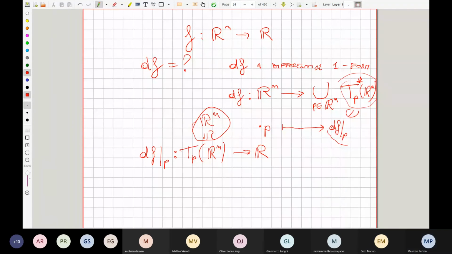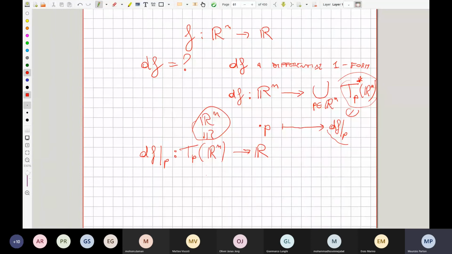Right. To define a map, I give you an input. So we have a tangent vector in V, and you have only to fill this blank. You have to put together the ingredients up to now.